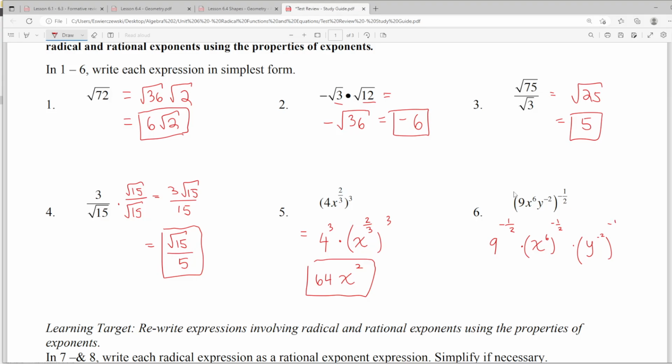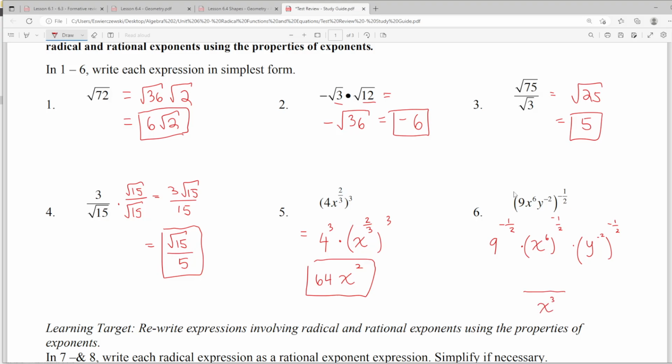So what I did is each product gets raised to the negative 1/2 power. And now, this would be x to the negative 3. So I'm going to put it in the denominator and make it positive.